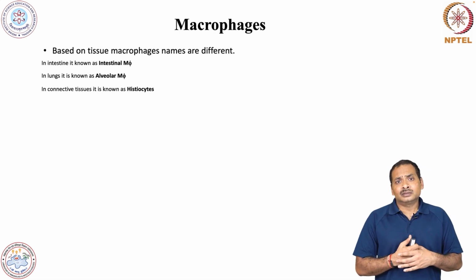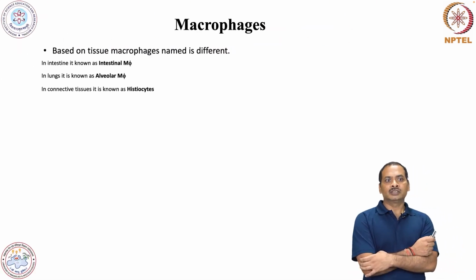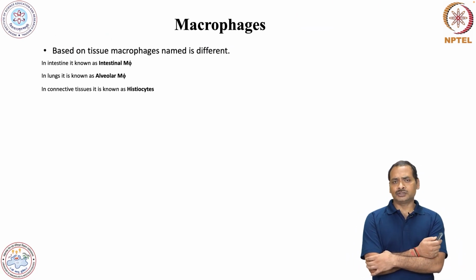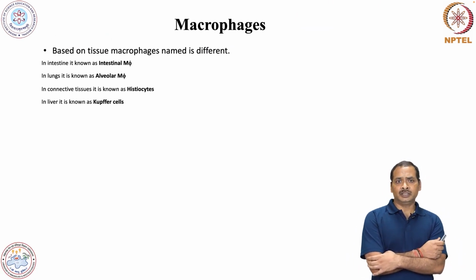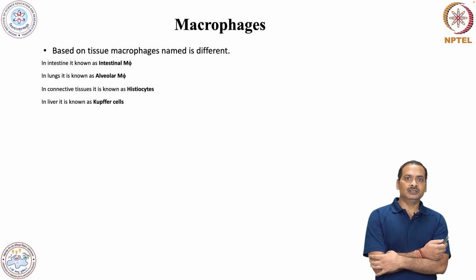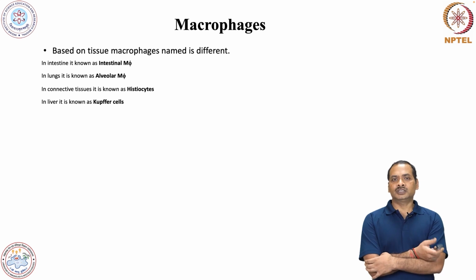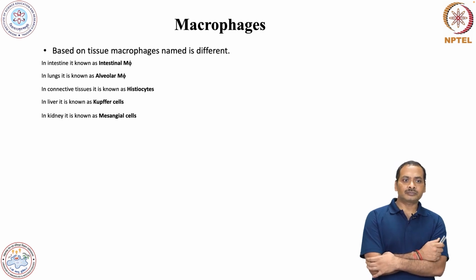They are also present in connective tissue, where we call them histiocytes, and in the liver these macrophages are called Kupffer cells, and they play a very important role in antigen processing.